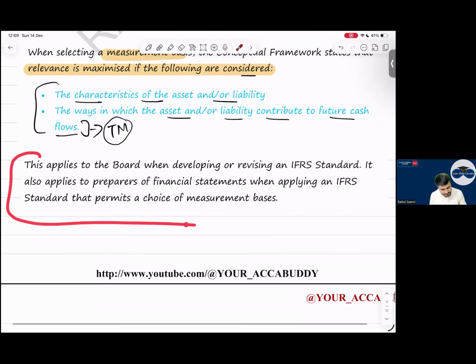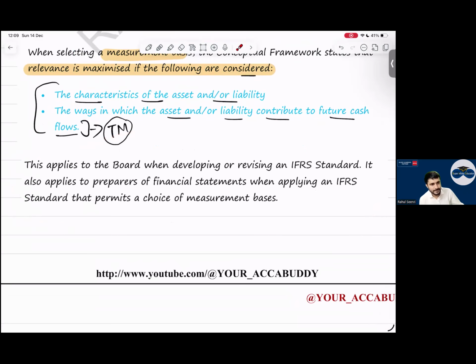So read this point here. Clear, everyone?